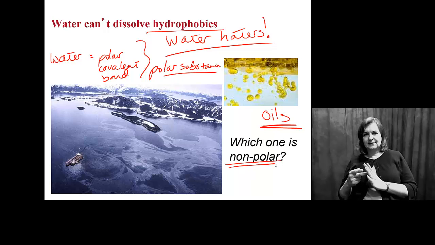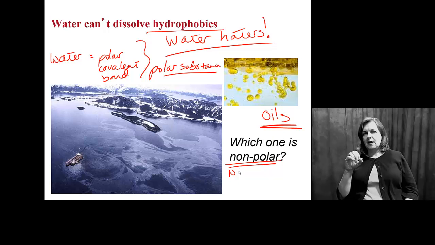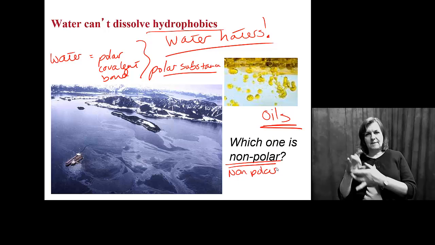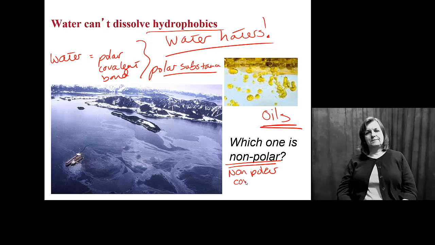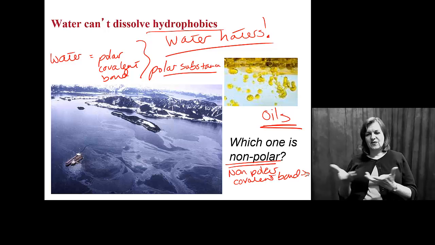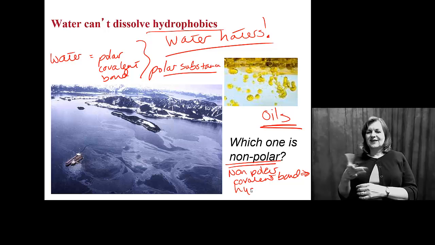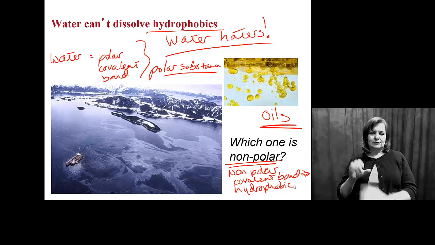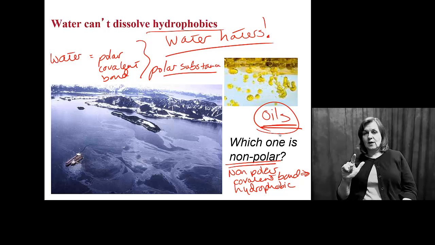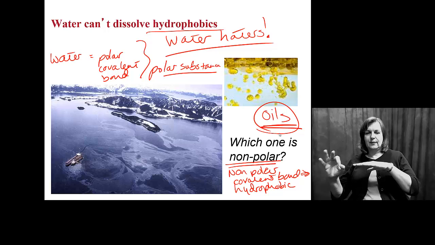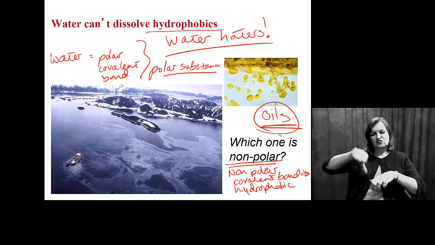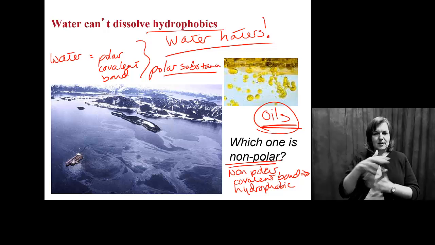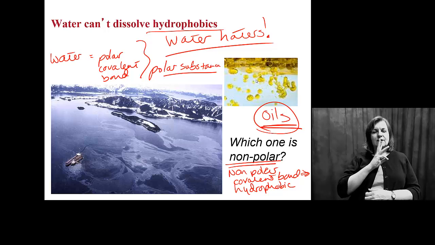So nonpolar means that you have a nonpolar covalent bond, and a nonpolar covalent bond gives you things that would be hydrophobic, things that don't like water, and in this case, oil, right? So oil floating at the surface, oil like in your salad dressing. We see all this all of the time.